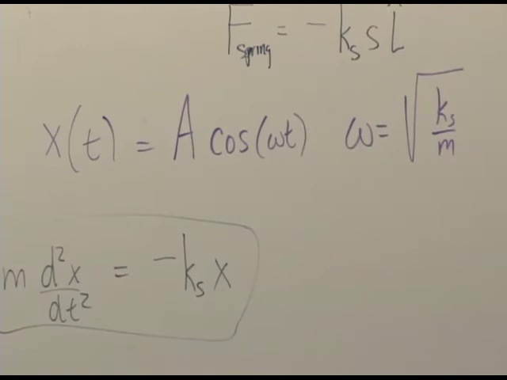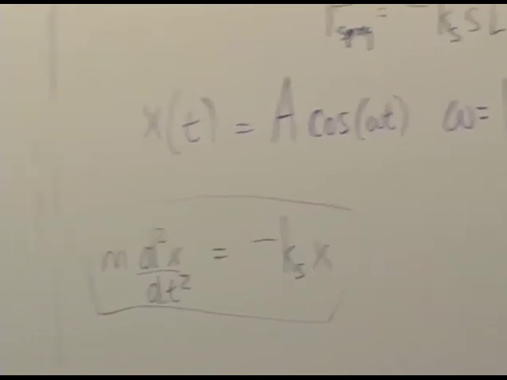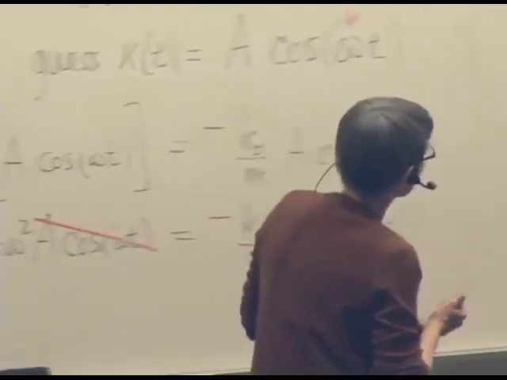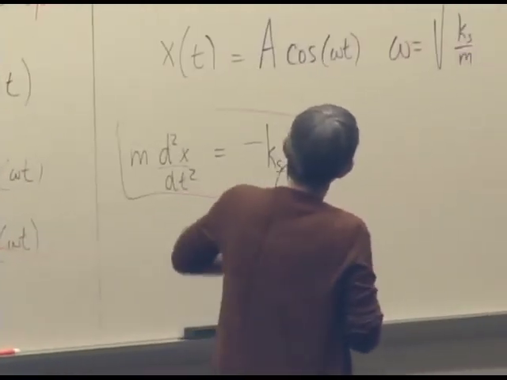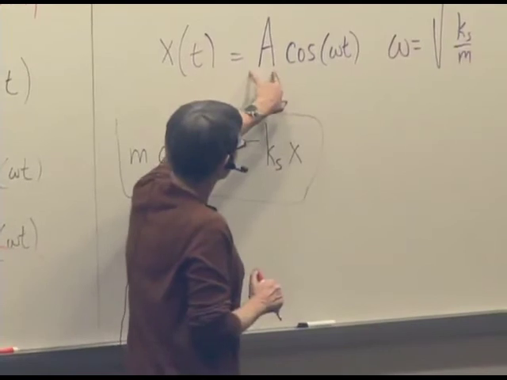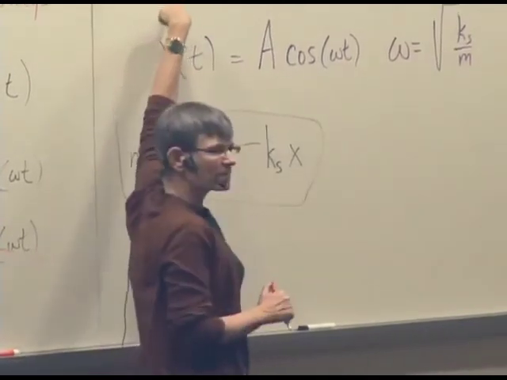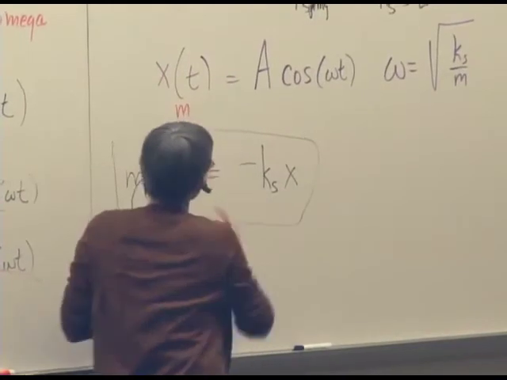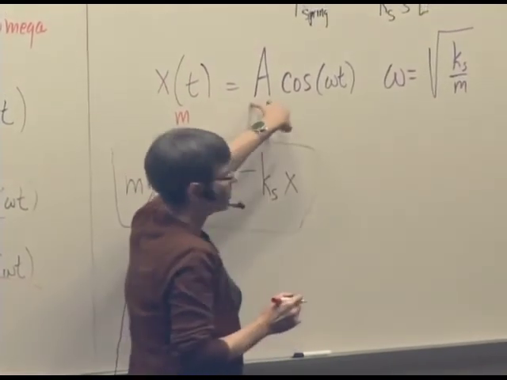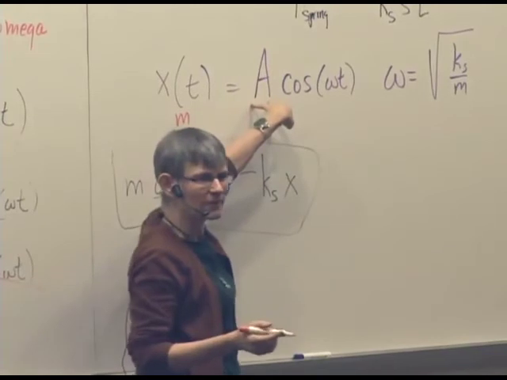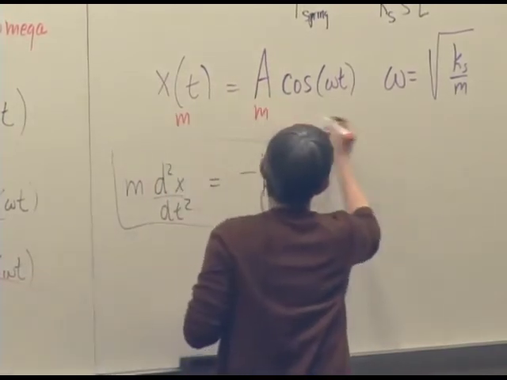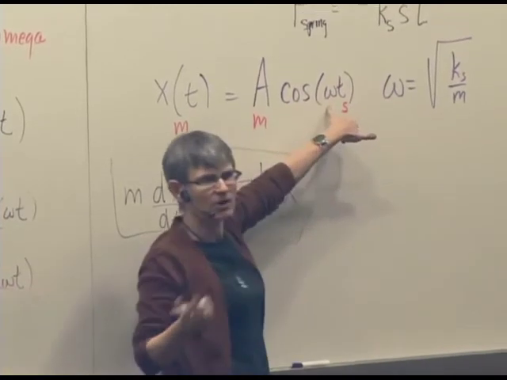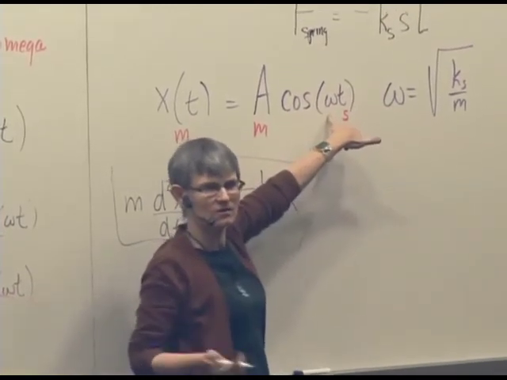Now let's just look at this equation for a minute and see what the pieces are. So this x is position in meters, right? So this better have meters attached to it. This is, of course, seconds. The argument of cosine is unitless.